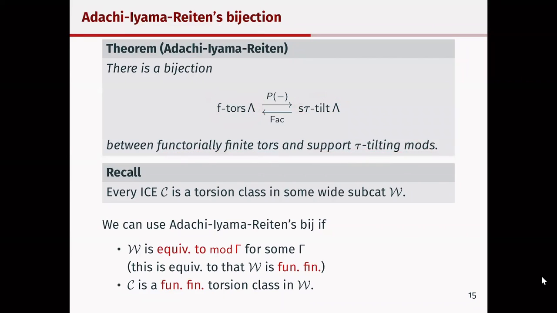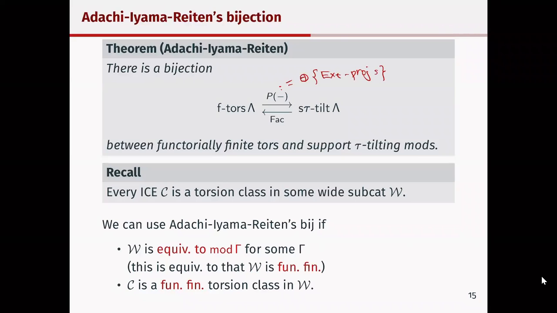The map is given by P, defined as the direct sum of the Ext-projectives of the torsion class, and the inverse operation is taking the factor module, the Fac operator.